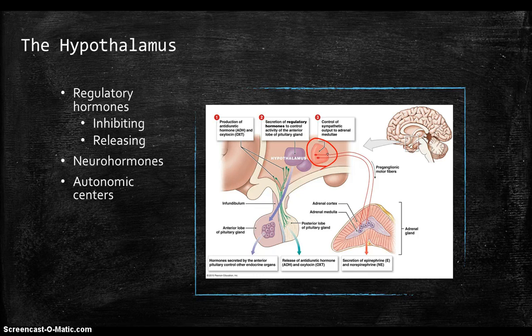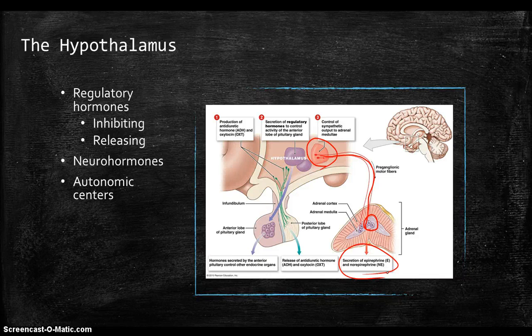When you go into fight or flight mode, the sympathetic division of the autonomic nervous system is stimulated, and these centers then release substances that go down to the adrenal medulla, remember the core of the medulla, and stimulate the secretion of epinephrine and norepinephrine.